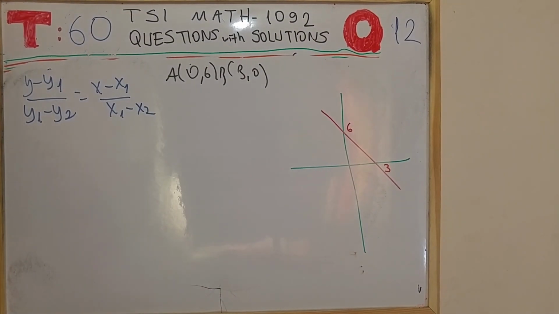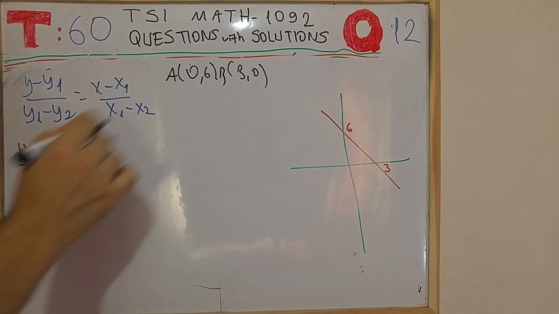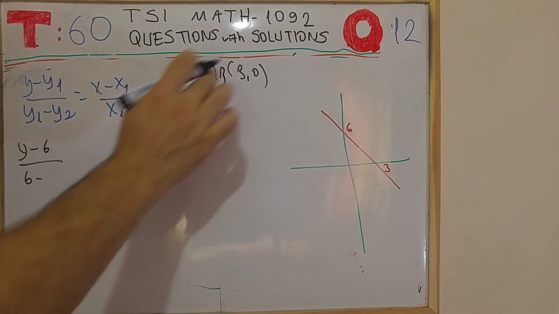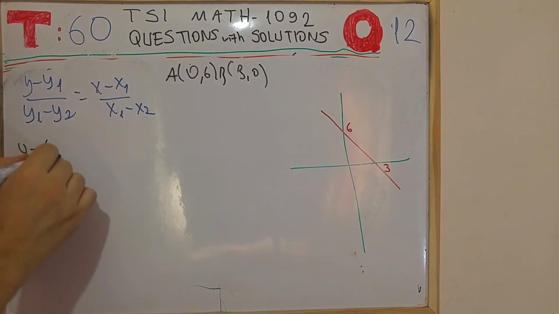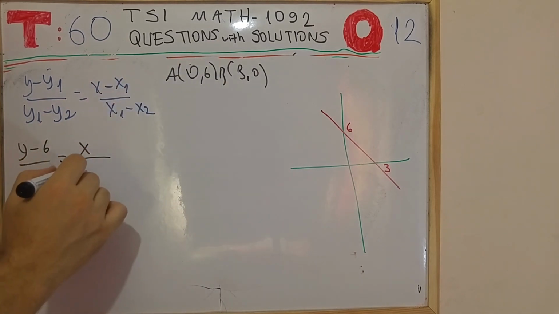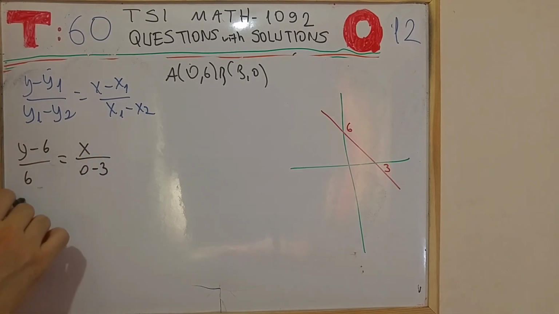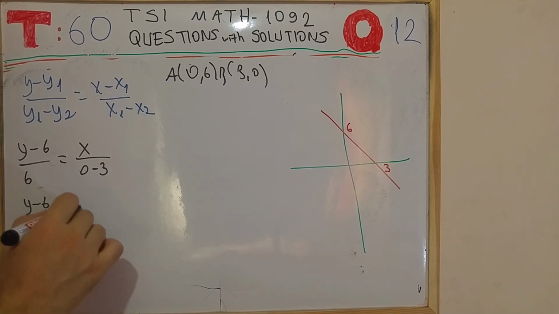Let's find out the answer by starting with this: y minus 6 over 6 minus 0 is equal to x minus 0 over 0 minus 3. So y minus 6 over 6 is equal to x over minus 3.